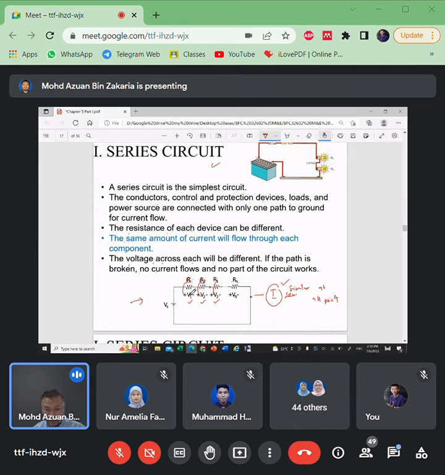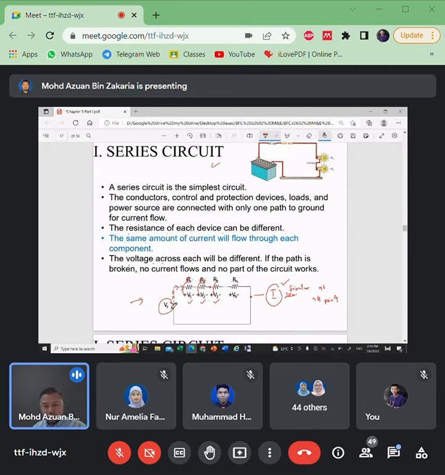So value voltage pada setiap resistor ni pun juga berubah-ubah bergantung kepada nilai R. Okay, what is the difference between V1, V2, V3 and this main V? V is V supply, main. But in series circuit, when the electric flows, the voltage will be shared.